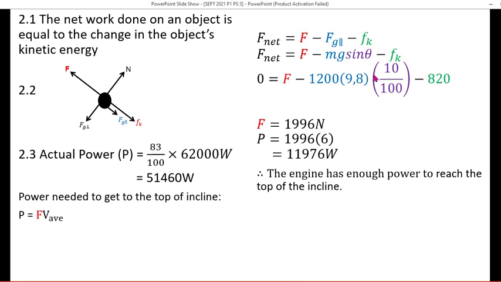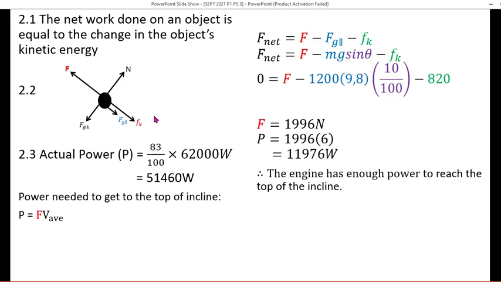So when we do that, we get this, and then minus the frictional force, which we're given as 820 newtons. And then when we evaluate this with our calculators, we get the forward force to be 1996 newtons.